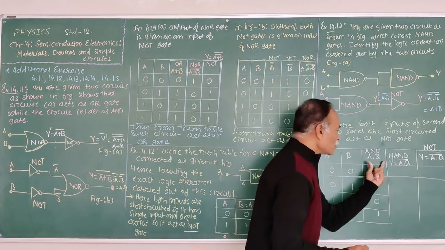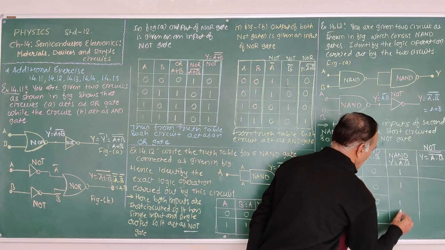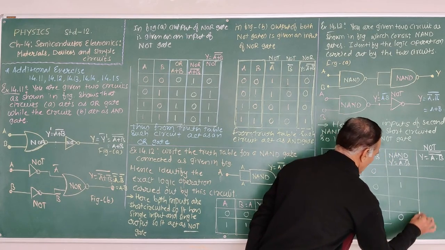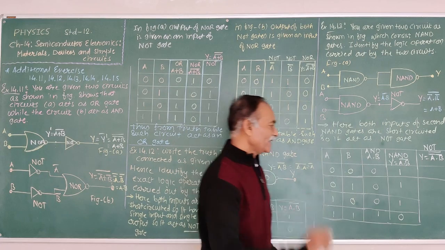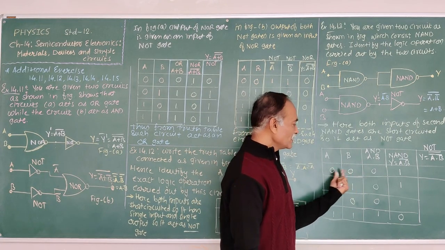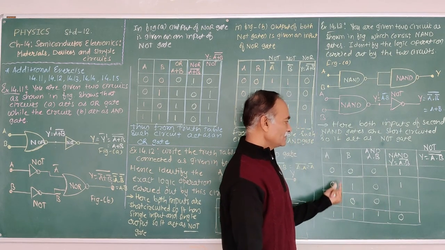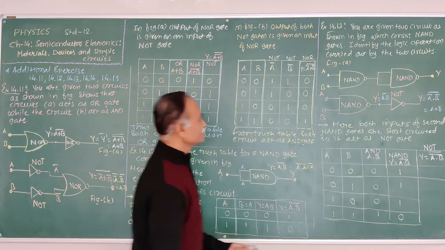Therefore, the output of the AND gate is inverted. Therefore, 1, 1, 1, 0. That is the output of the NAND gate. And from the characteristic of the NAND gate, if both inputs are 0, the output is 1.